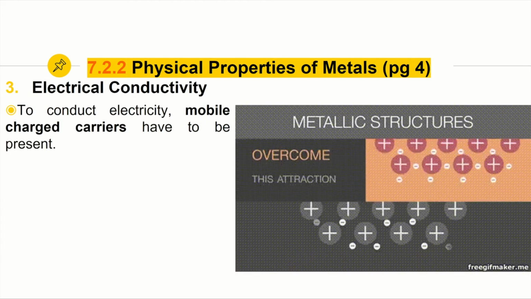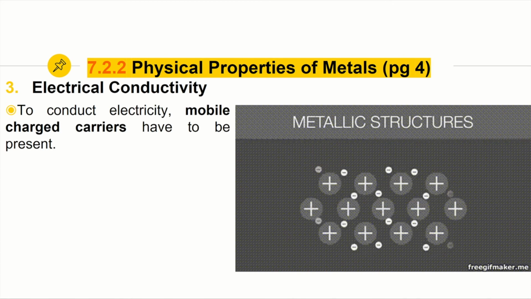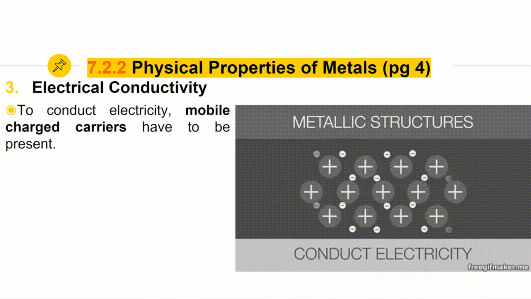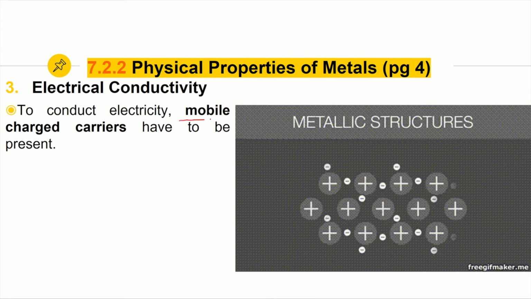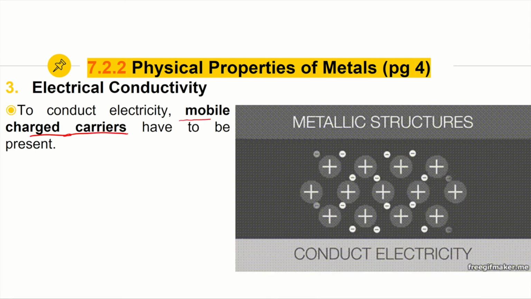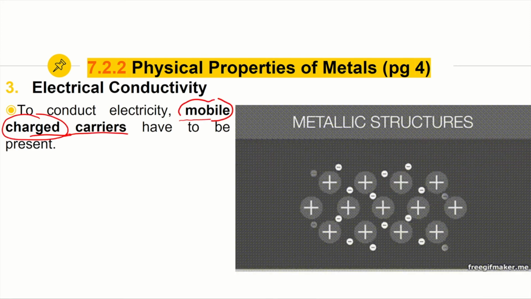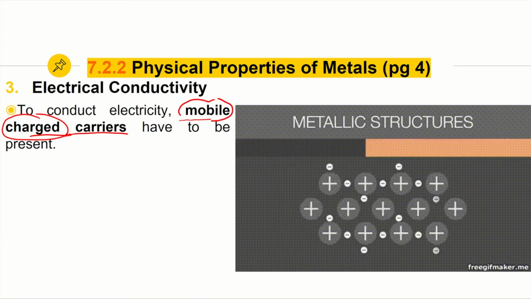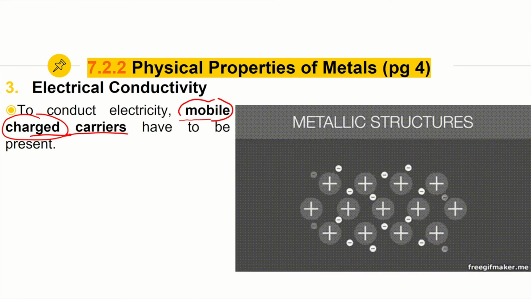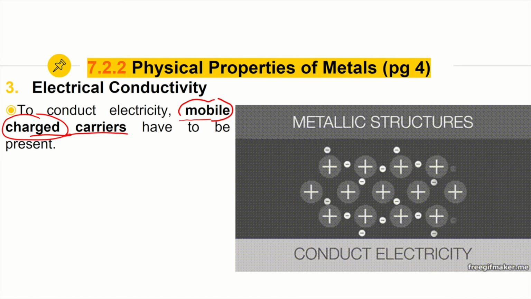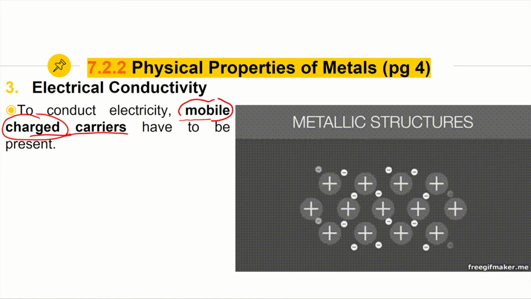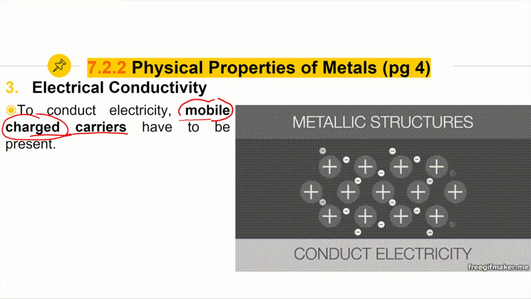When we talk about electrical conductivity, we always look at this phrase called mobile charge carriers. They must fulfill two criteria. First, they must be mobile, and they must be charged. So take a look at this slide here. I have embedded this metallic structure for you to see.